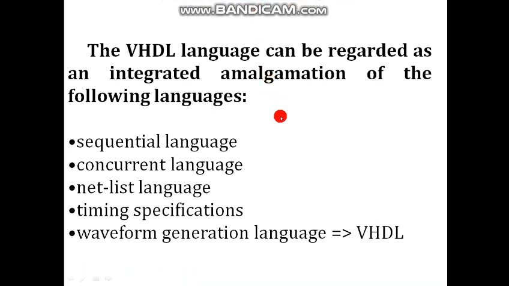Therefore the language has constructs that enable you to express concurrent or sequential behavior of a digital system, with or without time. It also allows you to model the system as an interconnection of components. Waveforms can also be generated using the same constructs. All the above constructs may be combined to provide a comprehensive description of the system in a single model.